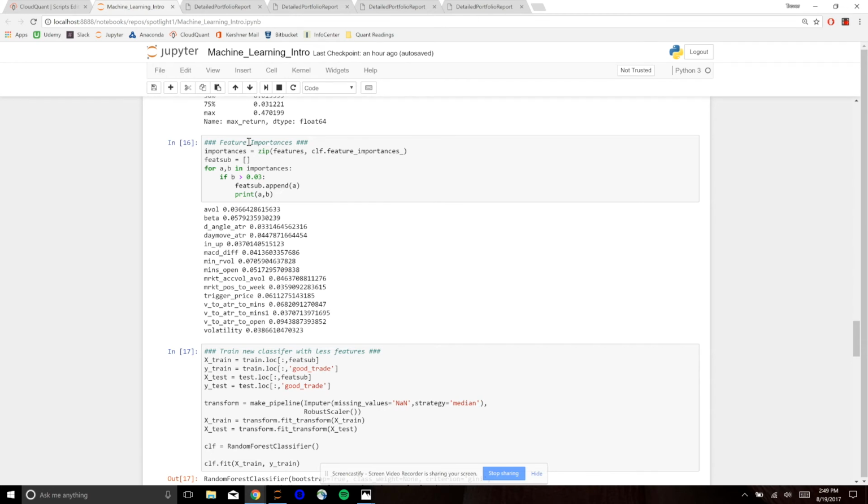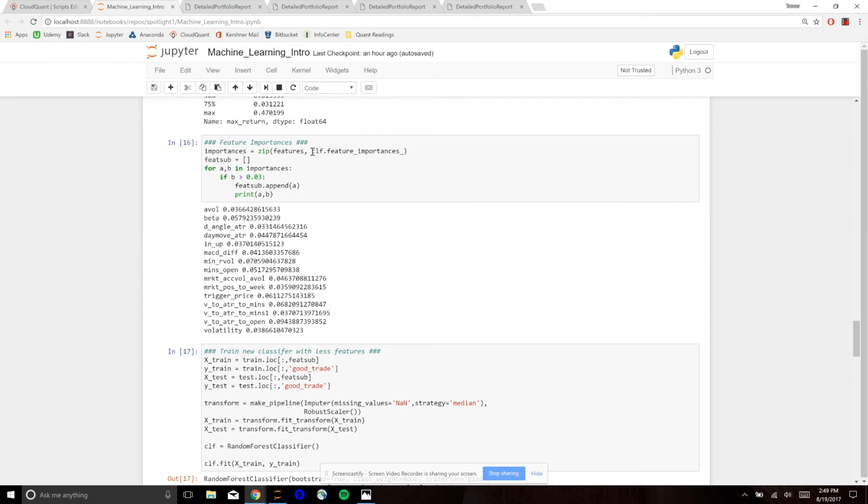So, similar to overfitting versus underfitting data, if you have too many variables, too many features, you have a higher chance of overfitting your data, and you have a lower chance of it working moving forward.